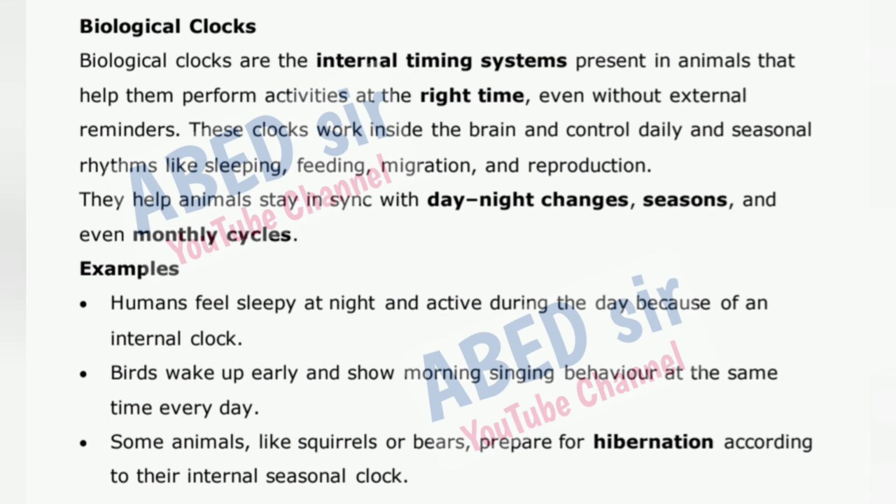They help animals stay in sync with day and night changes, seasons, and even monthly cycles. Examples: humans feel sleepy at night and active during the day because of an internal clock. Birds wake up early and show morning singing behavior at the same time every day. Some animals, like squirrels or bears, prepare for hibernation according to their internal seasonal clock.